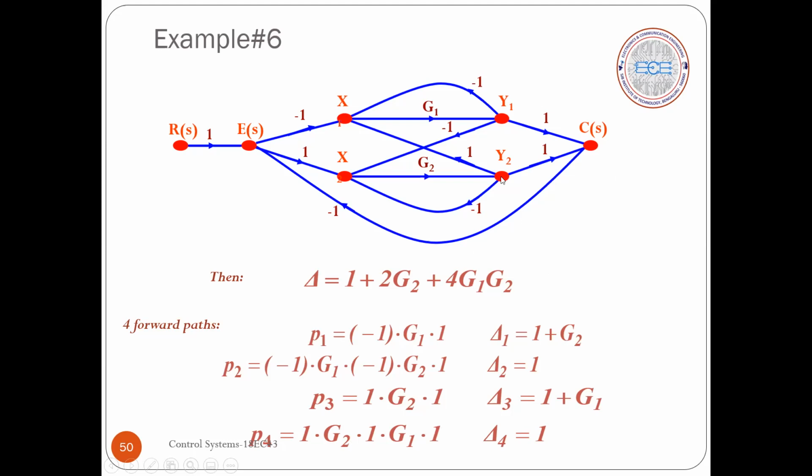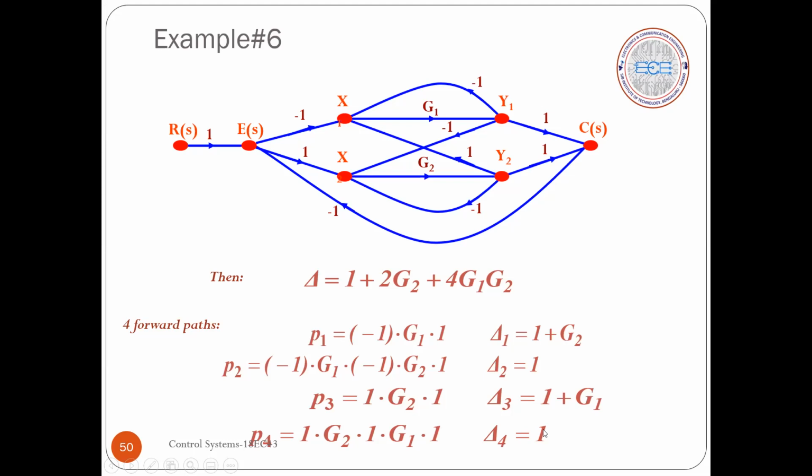As we have traced all the 4 forward paths we have mentioned here. Wherever there is a minus, please consider the minus properly. Minus 1 we have here, minus 1 we have here. Those 2 minuses we have taken while identifying the forward path. Is there any other forward path? No. So for these 4 forward paths, we have to calculate the delta.